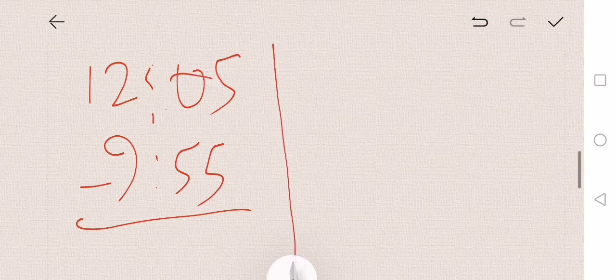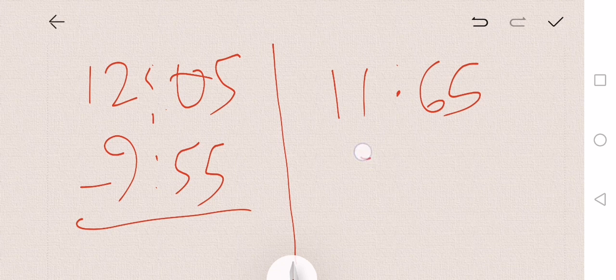Because the 5 is a lower number here, we need to make it higher. So instead of 5, we'll make this 65, and for the 12 it will be 11. What we have simply done is taken the 60 minutes on the right-hand side and subtracted that 1 hour from 12.